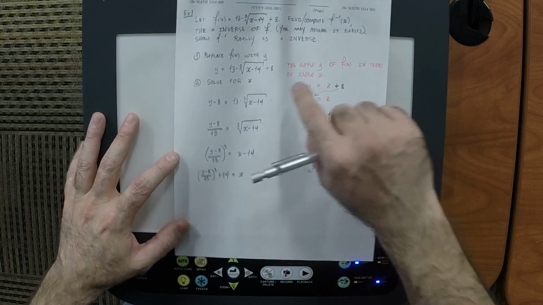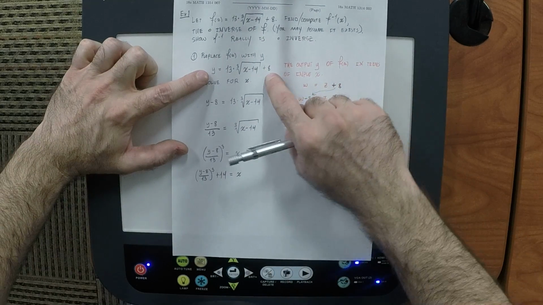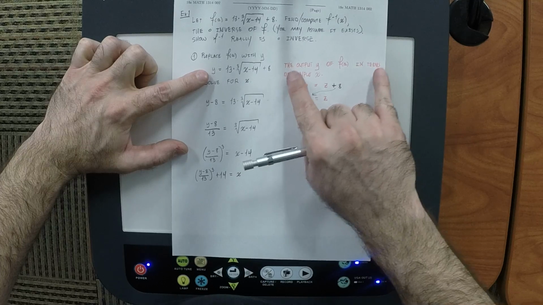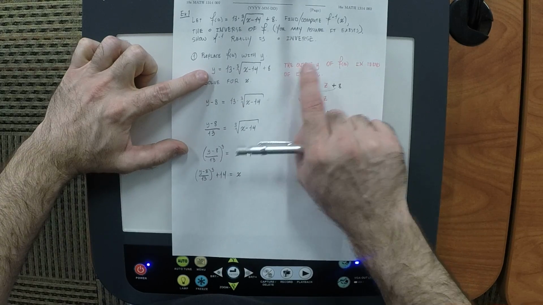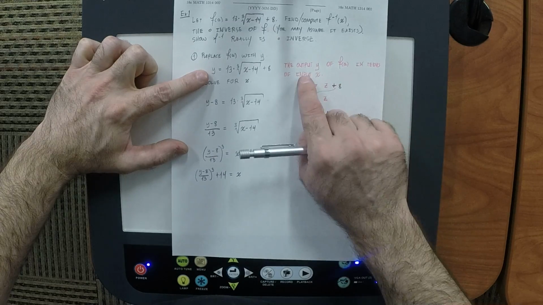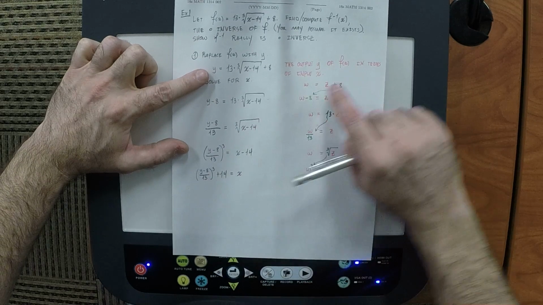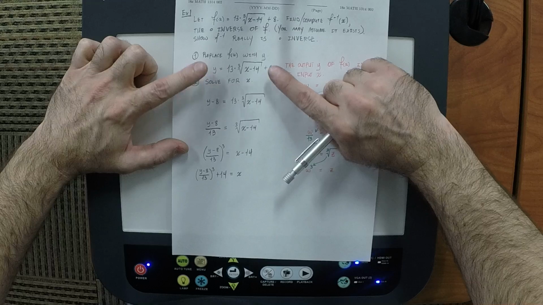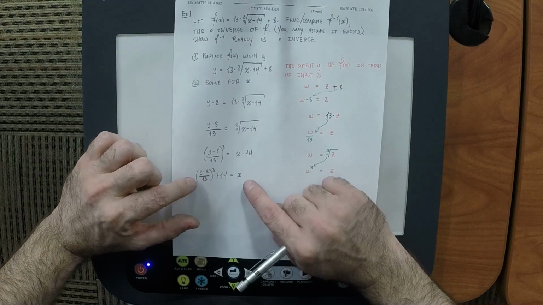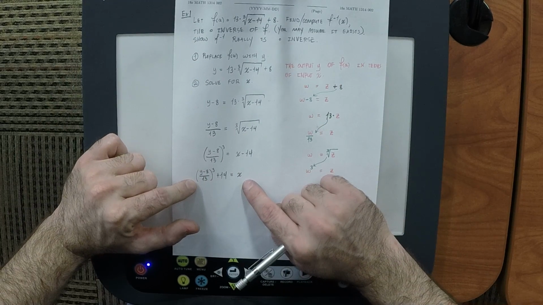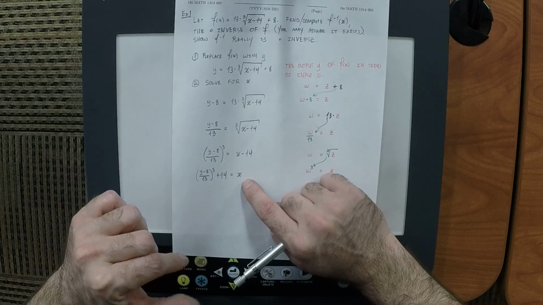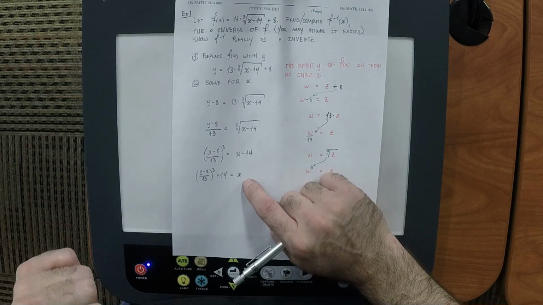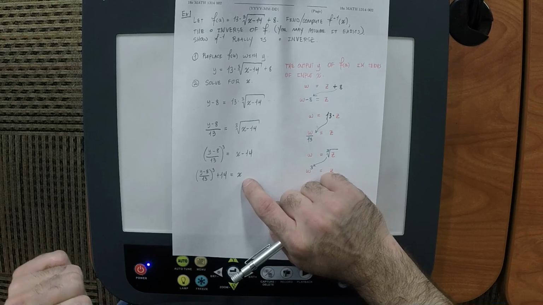So now, this one right here, conceptually you can think of it as the output, y, is expressed in terms of the input, x. That's what this one is. What's this one? The opposite, right? Now you have the input, x, is expressed in terms of the output, y.